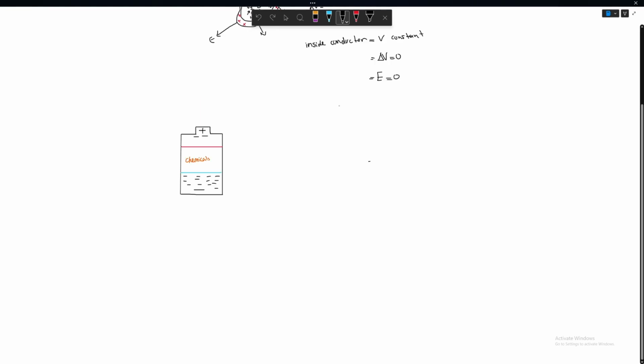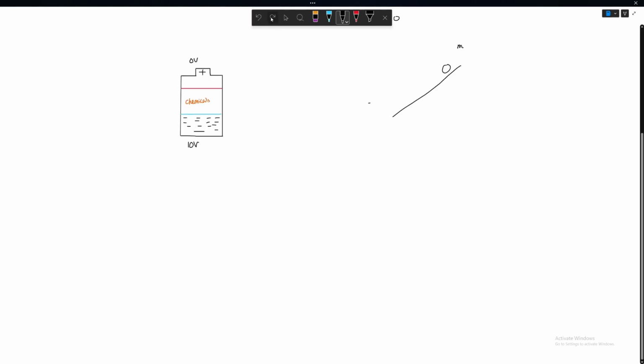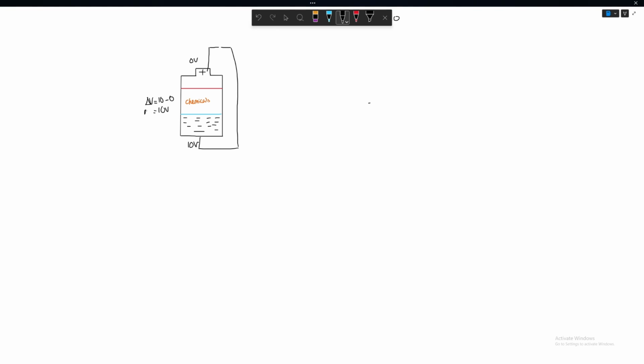It works the same with a battery, where when I unlock this and let them flow, they'll start flowing. And so what is my potential difference? It's the final minus the initial. So 10 minus 0, I have 10 volts. And that is my potential difference.